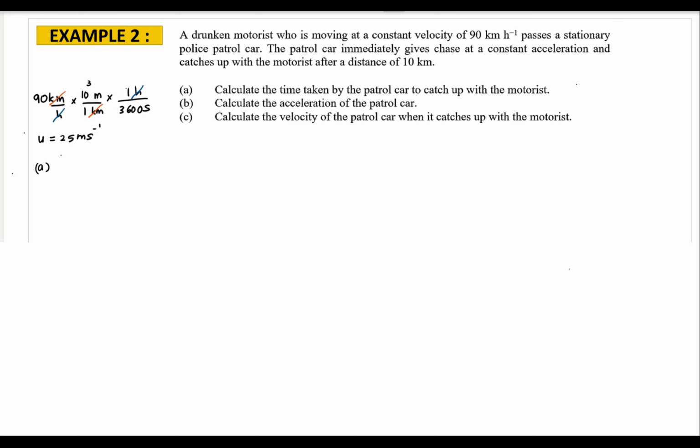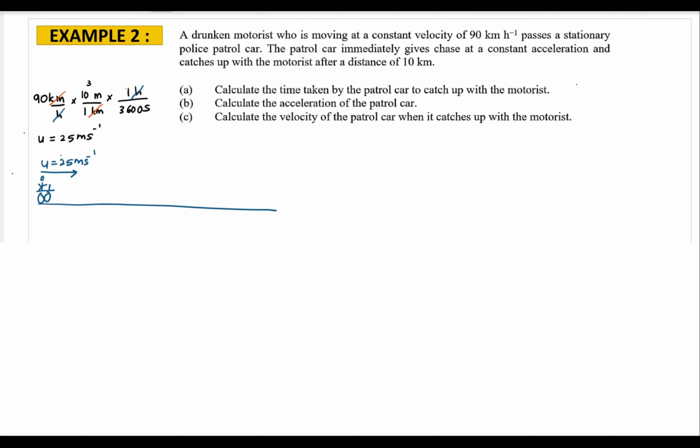Okay, and then let's try to answer question A. Calculate the time taken by the petrol car to catch up with the motorist. Before we start, I want to draw. This is the road, and let's say this is the motorist, moving in this direction where u is equal to 25 meter per second.